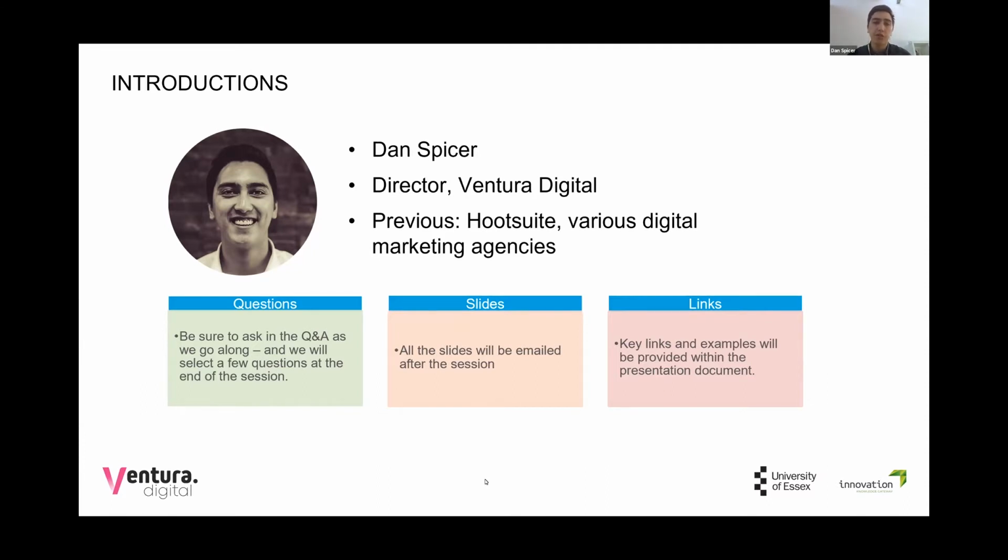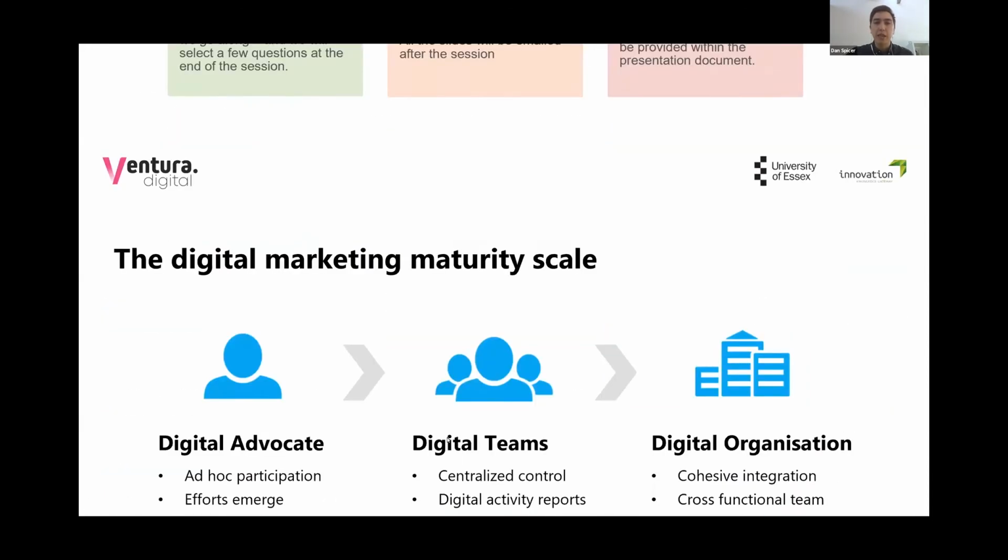So what we're going to cover today is some of the fundamentals of digital marketing to drive customer acquisition and sales. We've only got about 40 minutes, so it's a short session. We're going to cover the fundamentals at a high level and cover some of the key areas that we need to be thinking about.